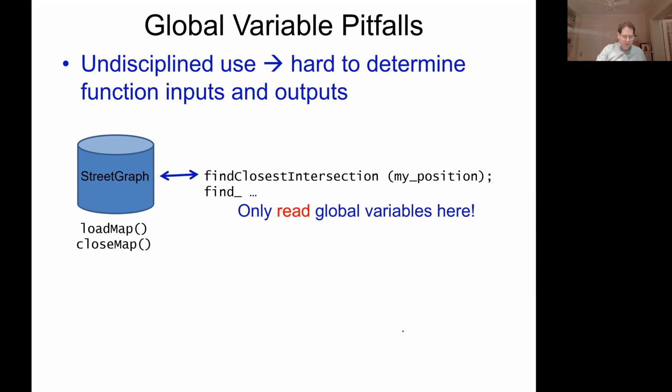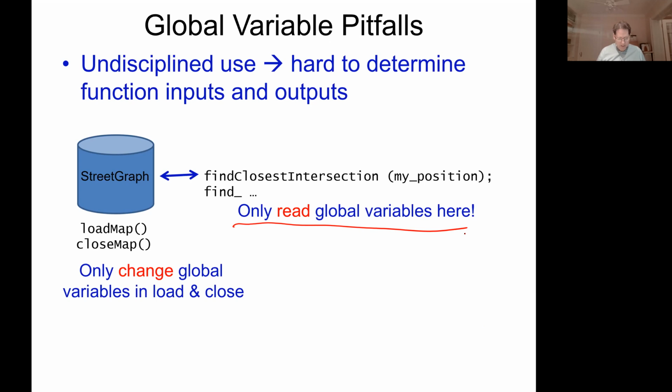So a good way to do this is in all of your m1.h API functions except load map and close map, you only read the global variables. Those global variables are there to help you answer questions faster. Just read them. And you only change the global variables in load map and close map.